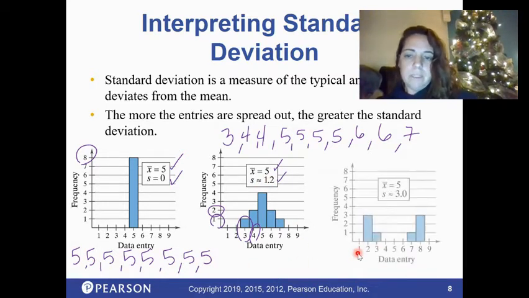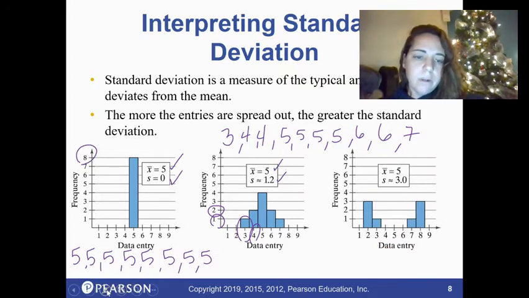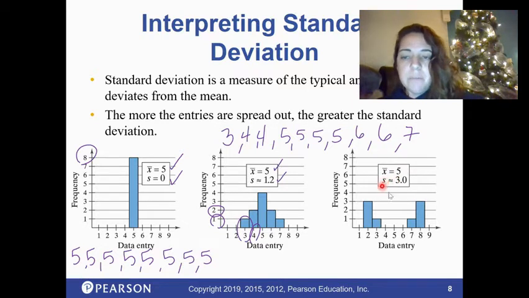Now let's look at one more example where the mean is still 5, but this time it's spread out a little bit more. See where it says it's about 3? And when you look at it, yeah, that is spread out way more than this, right? Let's write out what the original data would be here.